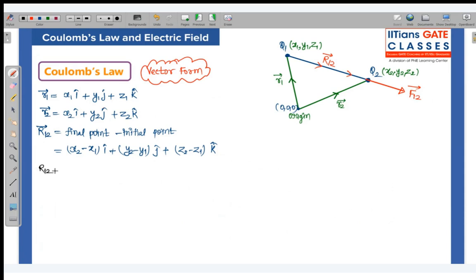If you take the magnitude of this vector, you will get the distance between them, which is represented as r12, and it is nothing but x2 minus x1 whole square plus y2 minus y1 whole square plus z2 minus z1 whole square.